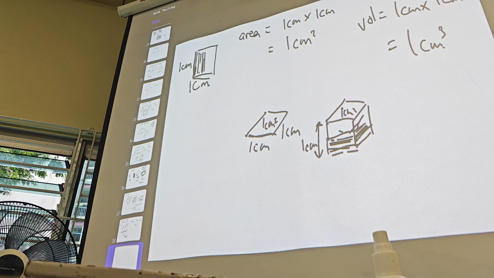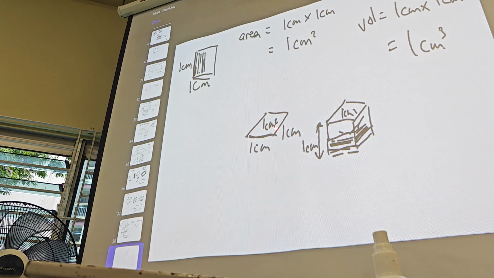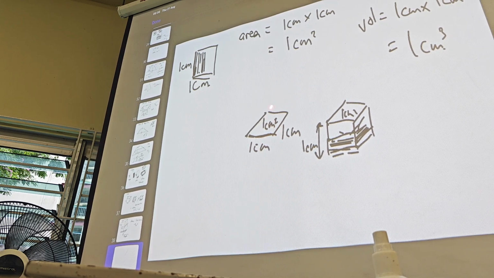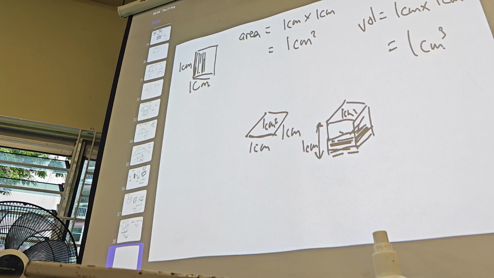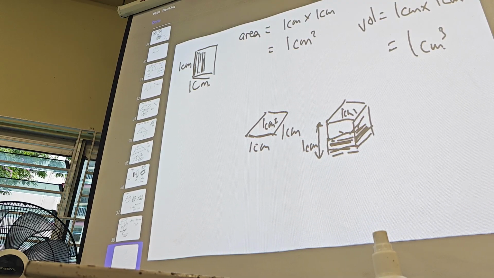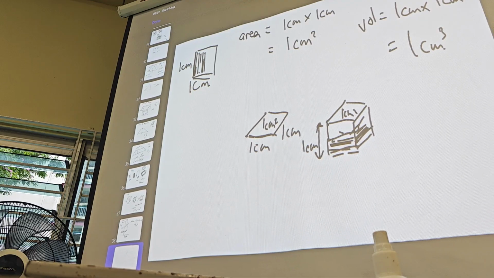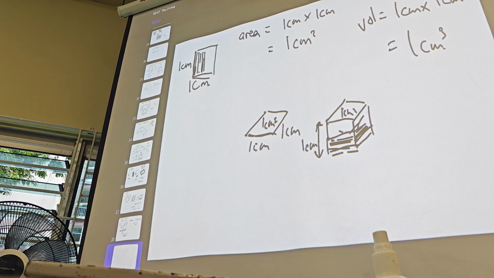So now it has 3 dimensions. There is a length, there is a breadth, and then there is a height or a thickness. Now it becomes a solid object. Okay? So can see the relationship between the volume, area, and length. When you only have length, you only have 1 line.